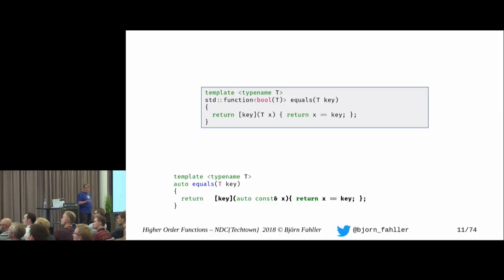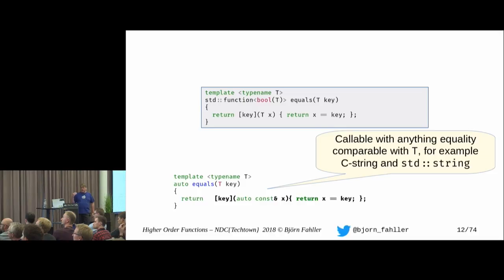With std::function, that is not the case at all, because I cannot say that I want a std::function that returns a boolean and is callable with anything that satisfies some criteria that is not known outside.